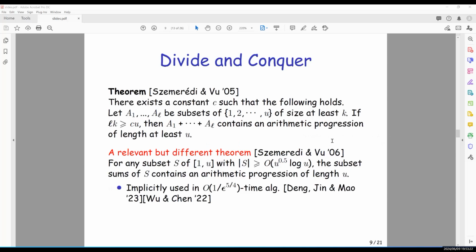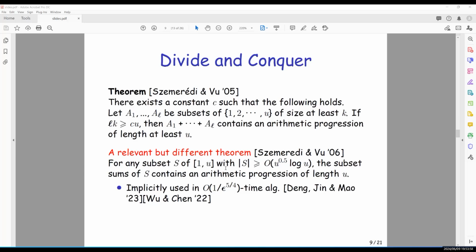Before I proceed, I want to bring to your attention another relevant theorem, which is interestingly also by Szemerédi and Vu. In another paper by Szemerédi and Vu, they proved that if an integer set S contains many distinct integers, then all of its subset sums must form a long arithmetic progression. This theorem appears to be more relevant to our problem.